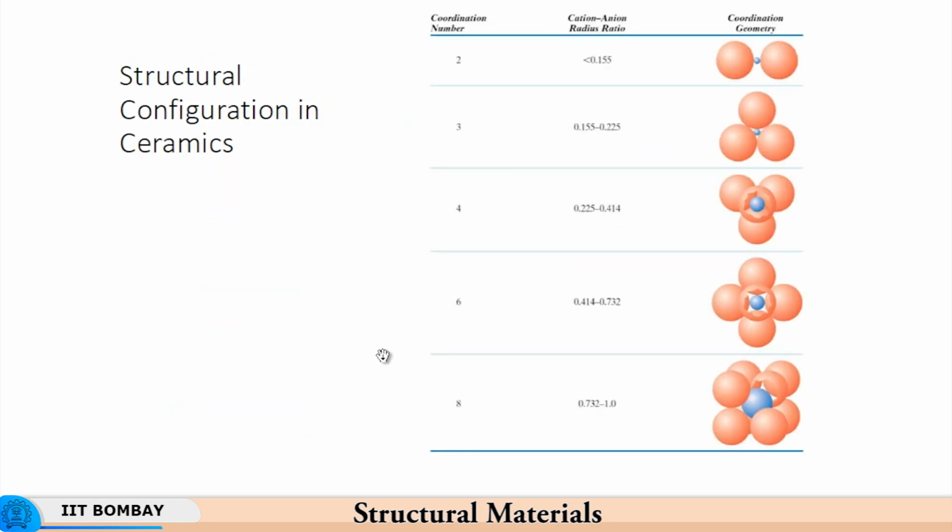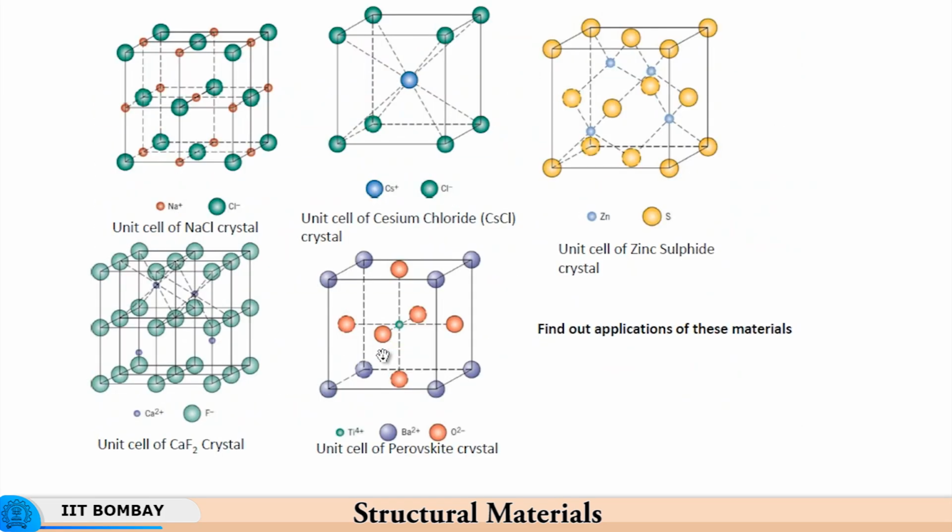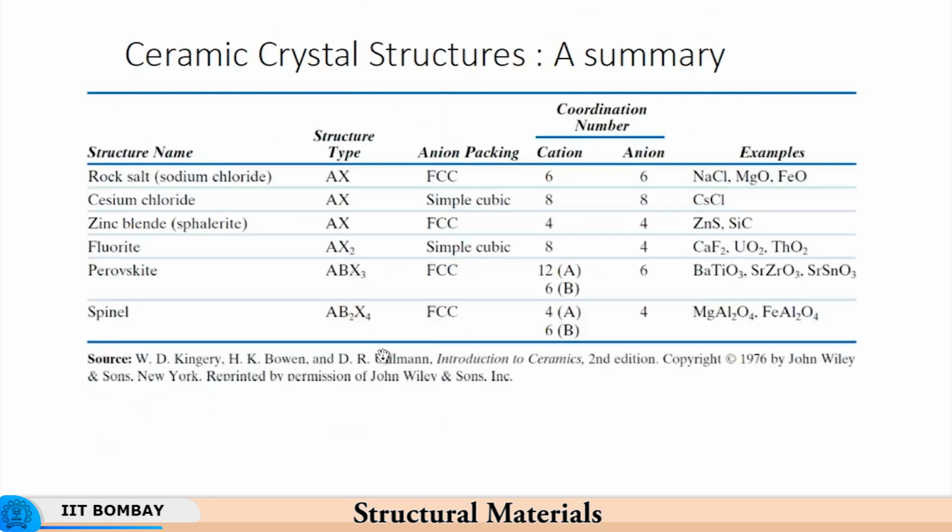So, less than 0.155 you have this, between 0.155 and 0.225. This just breaks down at 0.225, and therefore you have this range up to 0.225. So 0.225 onwards you have this type of configuration. So you have these ranges, and similarly you have these arrangements of ions in the case of NaCl, cesium chloride, zinc sulfide, and each of these arrangements results in different properties of the material.